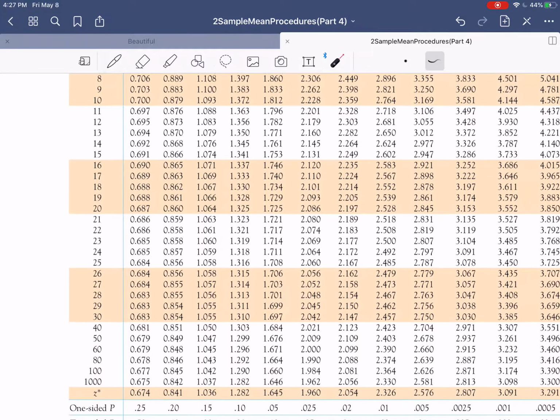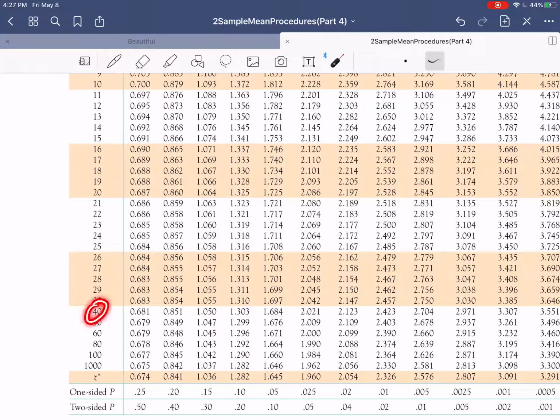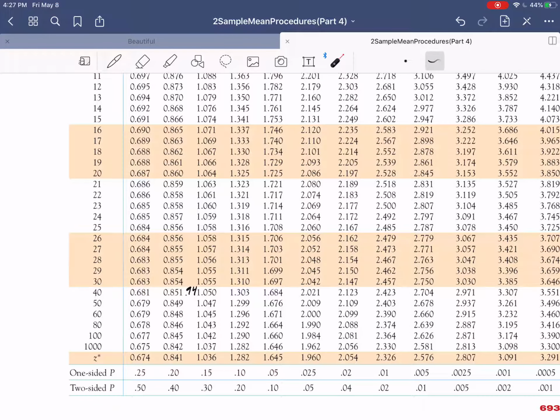So if we've got our 40 degrees of freedom, 0.94 would put us somewhere right about there. And we will follow that down to the one-sided p, because we have a one-sided hypothesis. So we will end up right there. So our p-value is somewhere between 0.20 and 0.15.